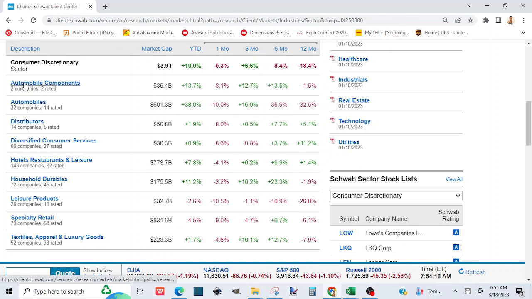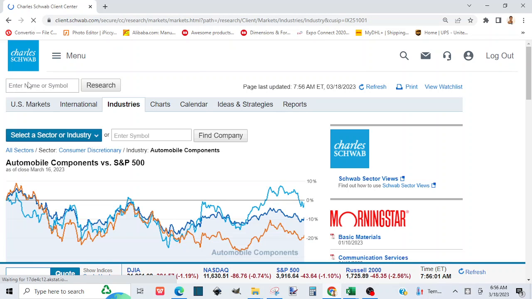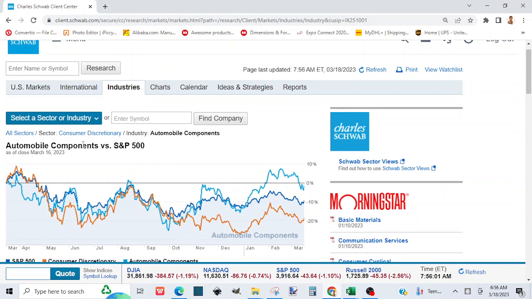So now we are going to go through the first one. So the first industry has two companies. So that's automobile components. So I'm going to click on that. And you can see the link, the location, or the trade.